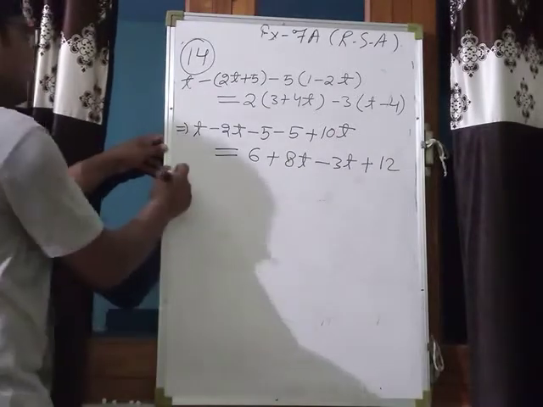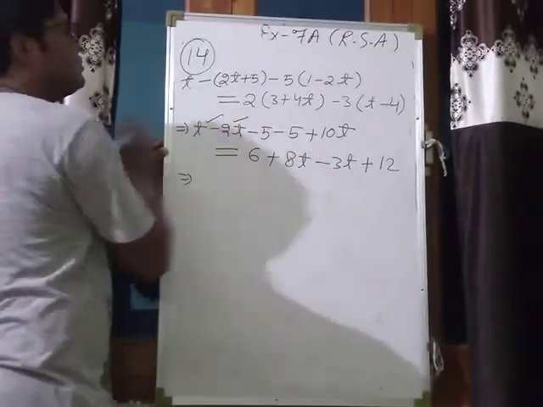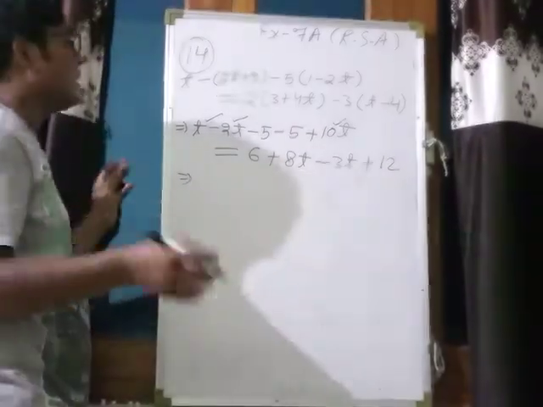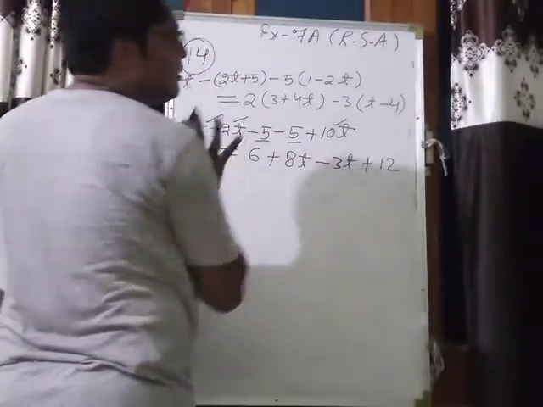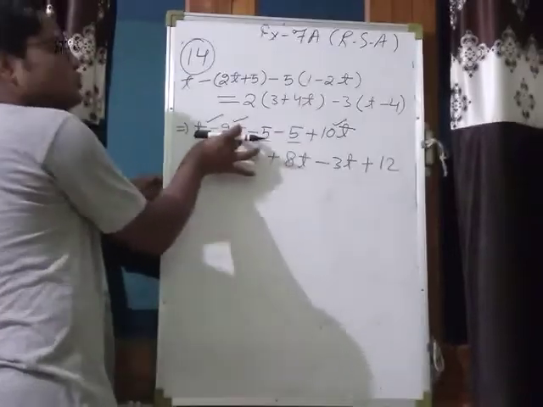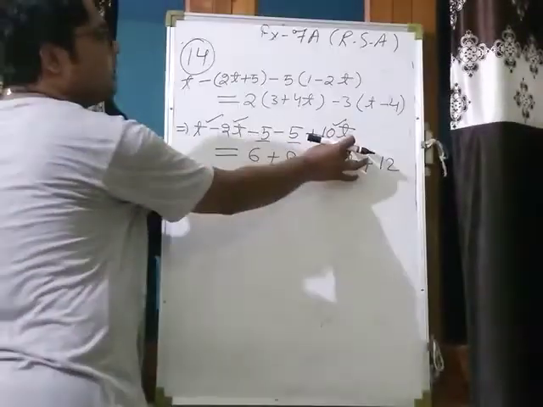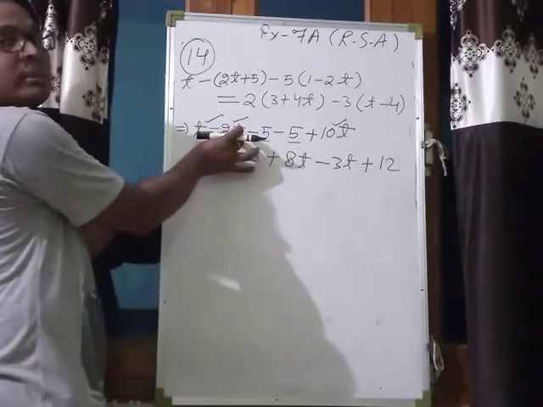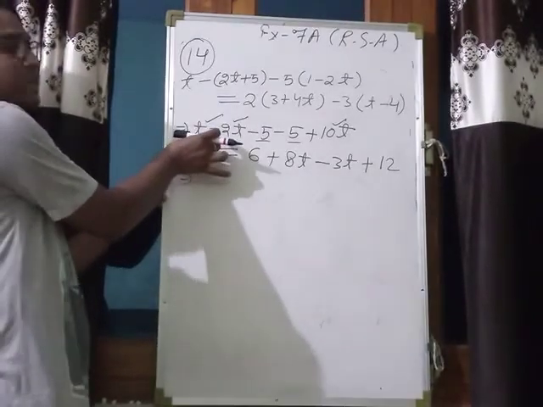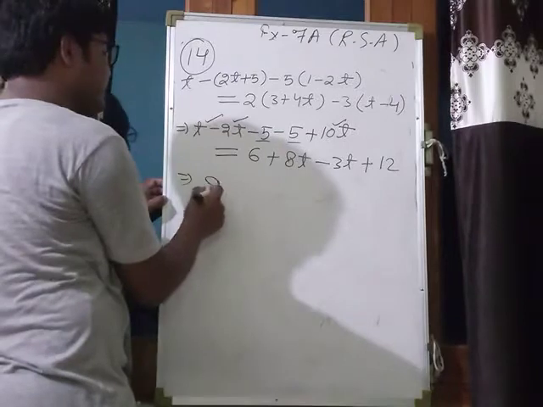Okay, now what we have, this is t, this is minus 2t and this is plus 10t, like terms, and constant terms minus 5 minus 5. So plus 10 minus 2, that is plus 8, and plus 8 and plus 1, that is 9, means 9t.